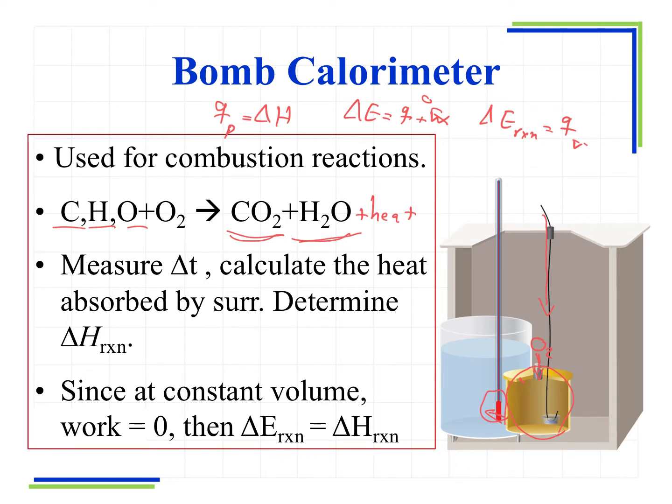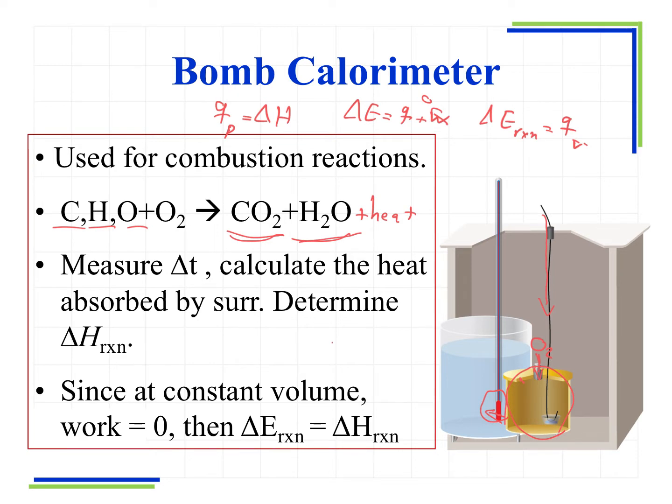So what we are doing in bomb calorimeter is finding the delta E of the reaction, but if you remember, we said that in most cases delta E is exactly equal to delta H, or with some assumption it is almost the same as delta H. The work is 0 because it's in constant volume.